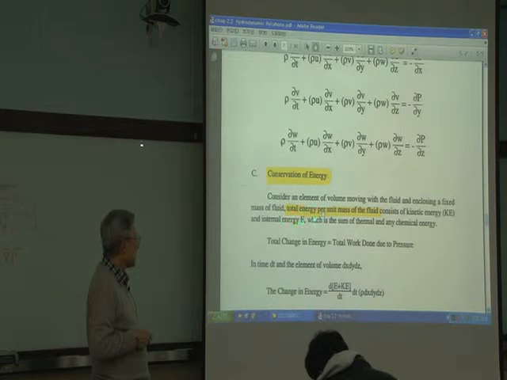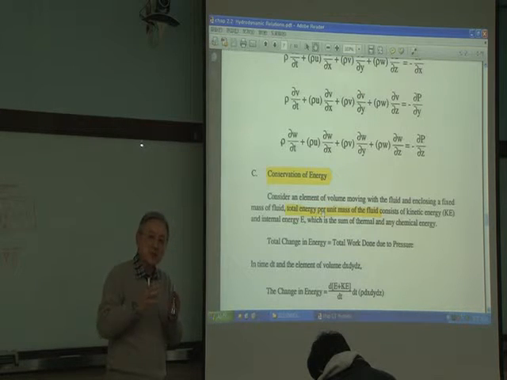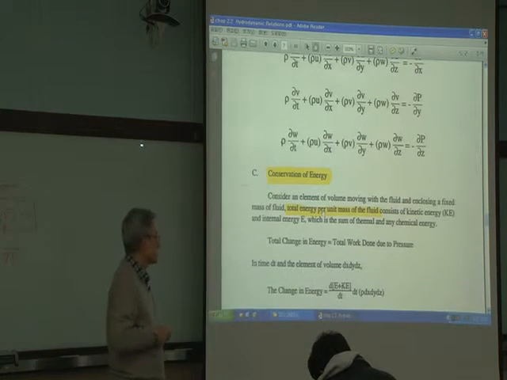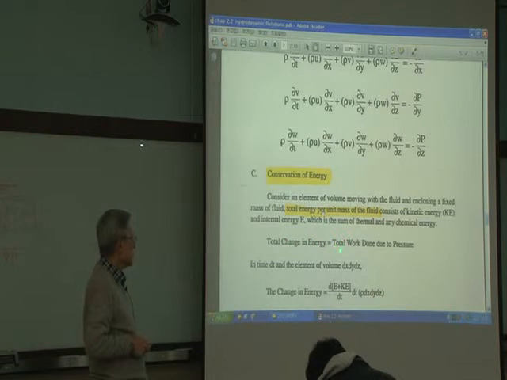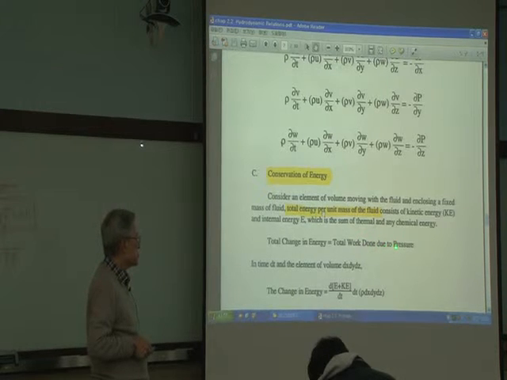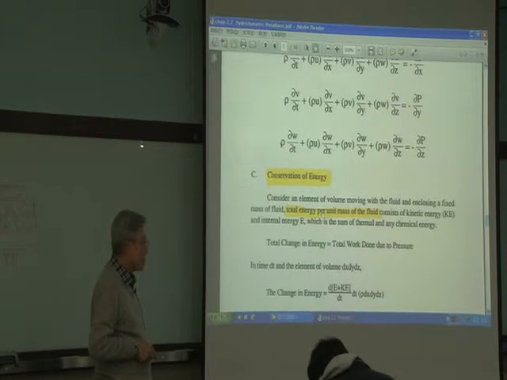Internal energy is a sum of thermal and any chemical energy. Then the conservation of energy is identical to saying total change in energy is equal to total work done due to the pressure. Okay.